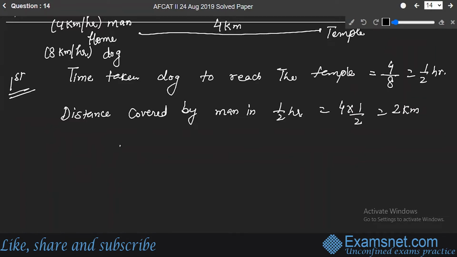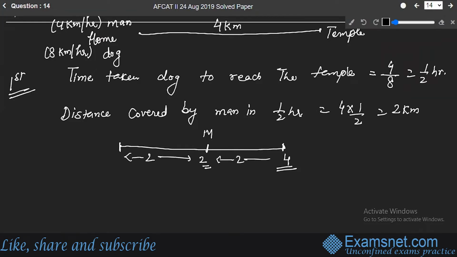So after the first one, here is man, right? The dog traveled 4 kilometers and here was the starting point. This is the ending point. The dog completed 4 kilometers till the time man completed 2 kilometers. So that much is 2. Again, this much is 2 kilometers of the distance.